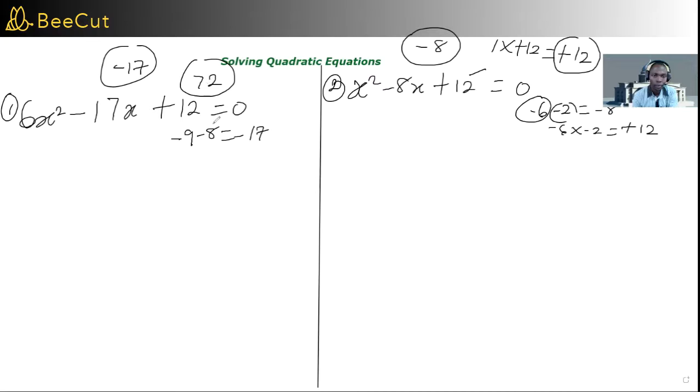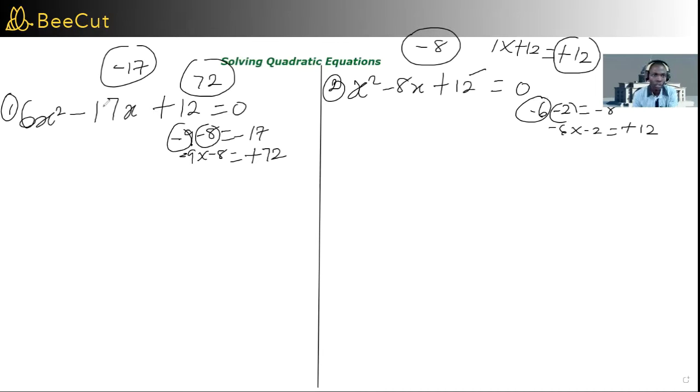So minus 9 minus 8 is minus 17, and minus 9 times minus 8 is positive 72. Okay, good. So these are the two numbers we're using, negative 9 and negative 8.